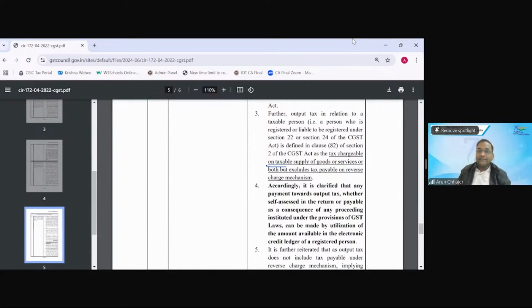Now what they are saying, output tax in relation to the taxable person who is registered or liable to be registered under 22 or 24 is defined in clause 82 as the tax chargeable on the taxable supplies, but excluding the RCM.